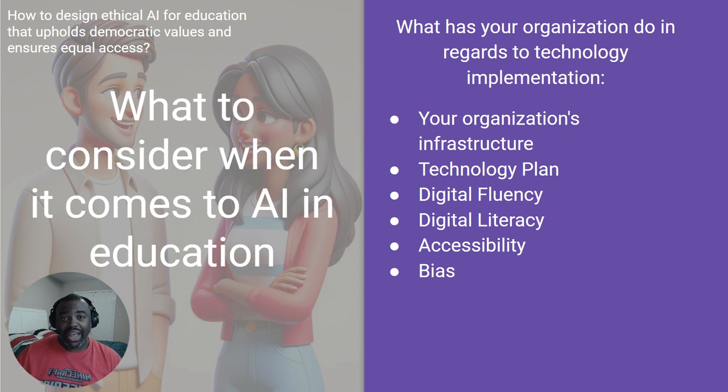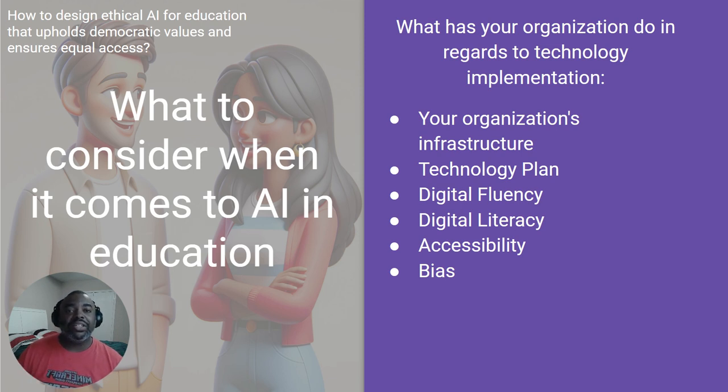Now for this question, how to design ethical AI for education that upholds democratic values and ensure equal access? While I do not have a reference to back this up, this is more of an opinion. This is, like I said, based off of my other talks and what we said in this slide deck, this AI is still fairly new. Some things that you might want to think about when you are talking AI in education are the following that you see bulleted on the screen.